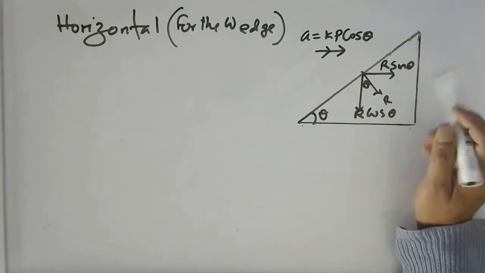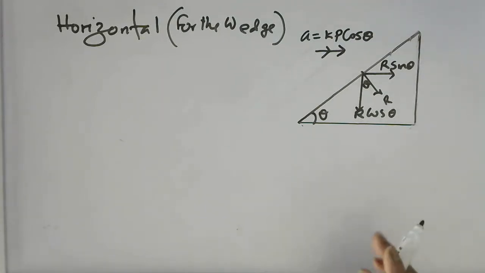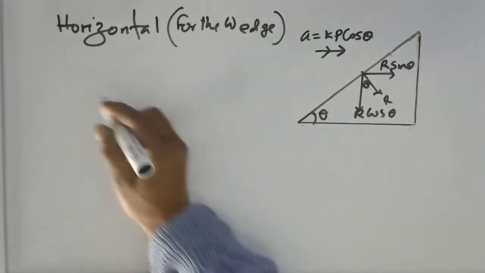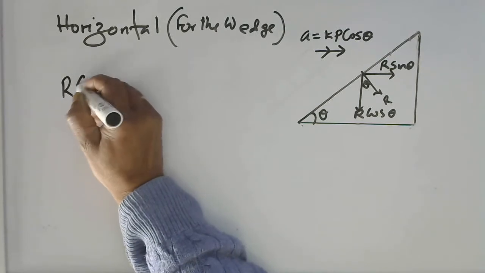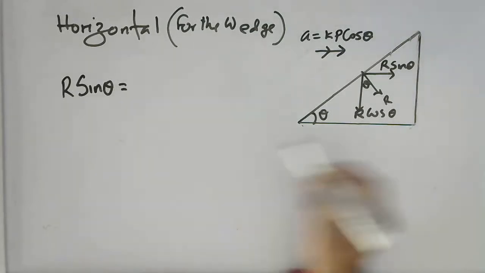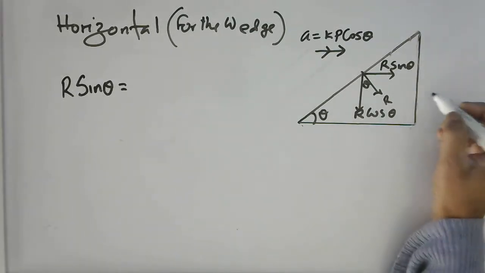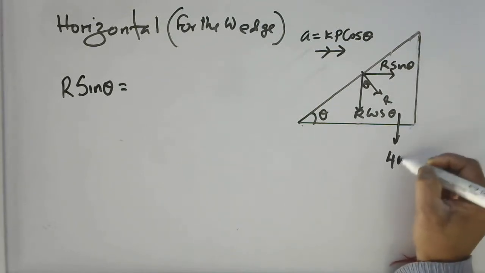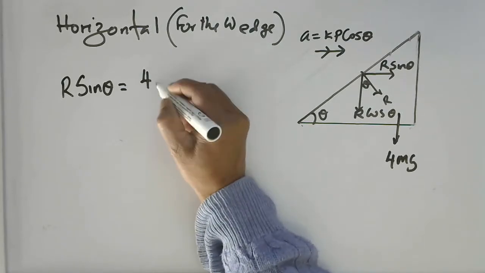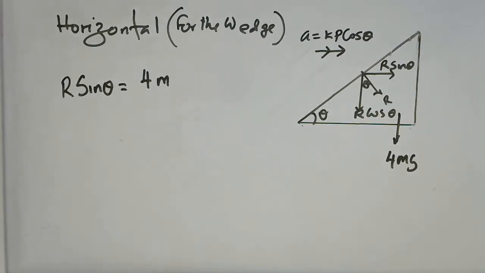Since it's only moving horizontally, R sine theta is equal to the mass 4m times the acceleration a. That is going to be the third equation.